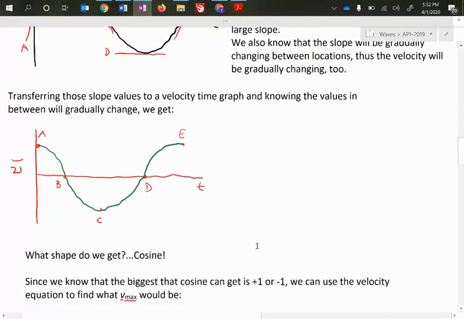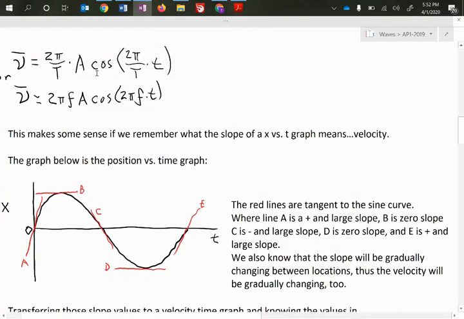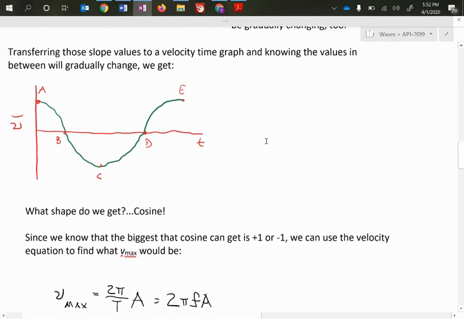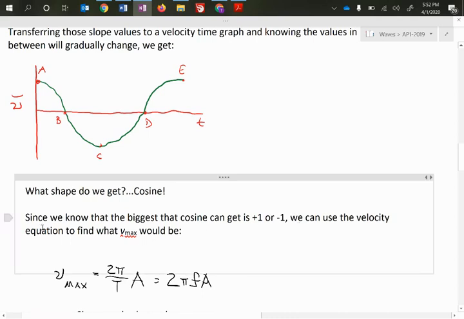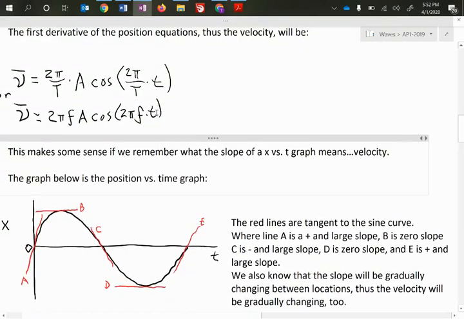So since we know those velocity equations have cosine in them, here we have a cosine and a cosine, we know that the biggest values that cosine can be is 1 or negative 1. And so we can use that to find out what the equation for the maximum velocity would be. So let's go back up here.